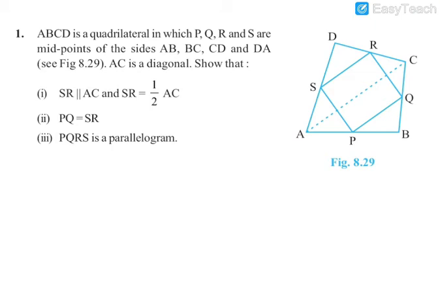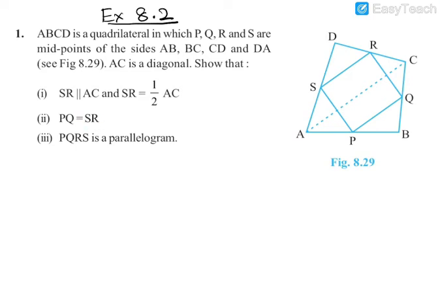Let's proceed further and apply the knowledge of midpoint theorem in answering questions of exercise 8.2. ABCD is a quadrilateral in which P, Q, R and S are midpoints of the sides AB, BC, CD and DA respectively. AC is a diagonal. We have to show SR is parallel to AC and SR is equal to half AC.